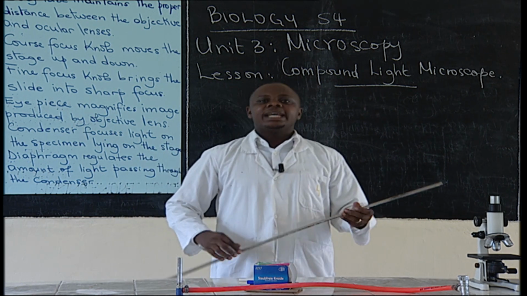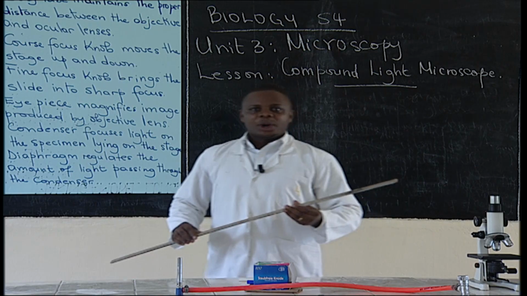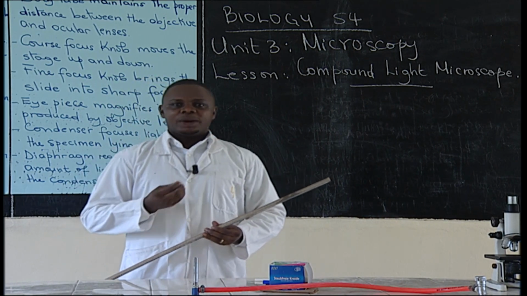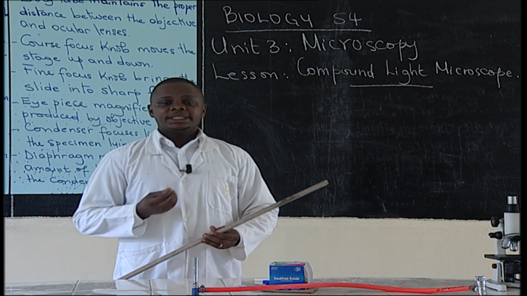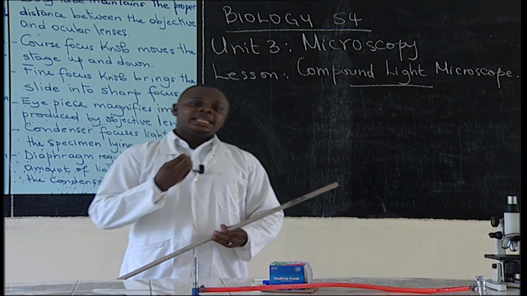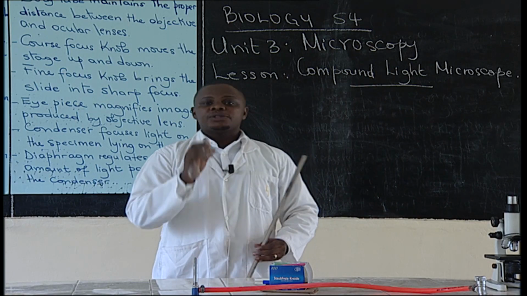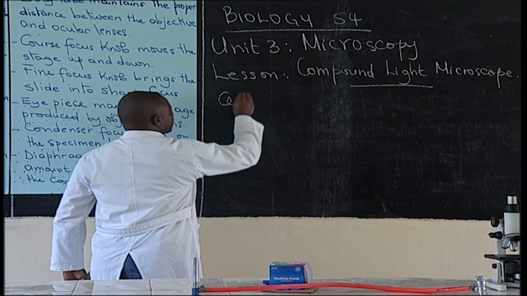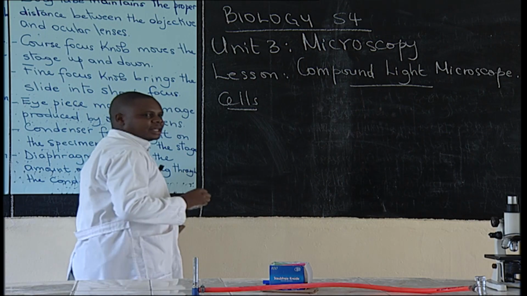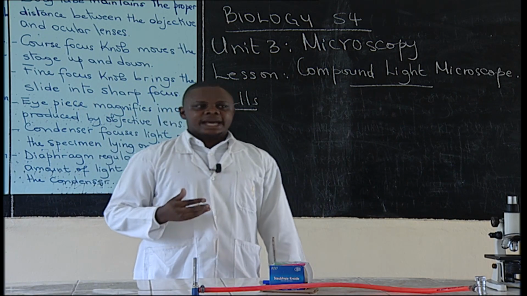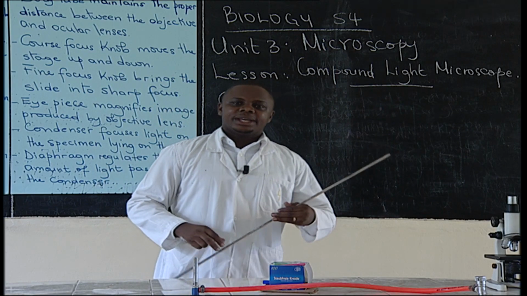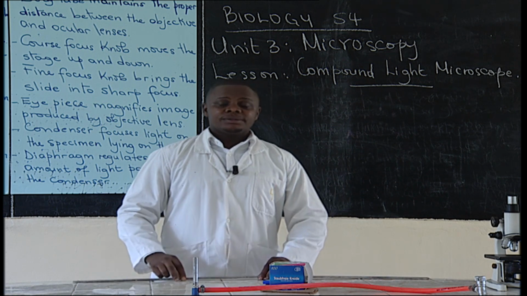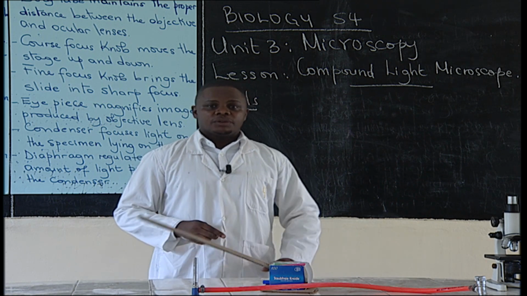Microscopes are used in schools, because in schools we teach biology, where we talk about organisms, and these organisms are made up of small structures which are called cells. Do you understand the meaning of the word cell? A cell is a basic unit of the body.